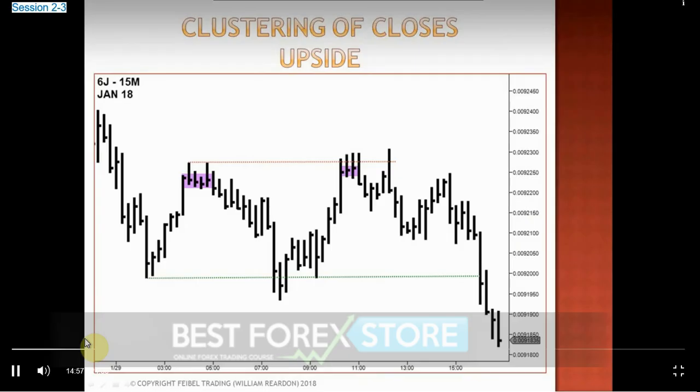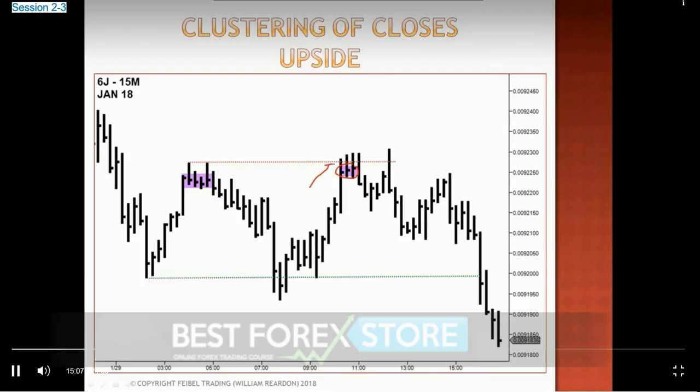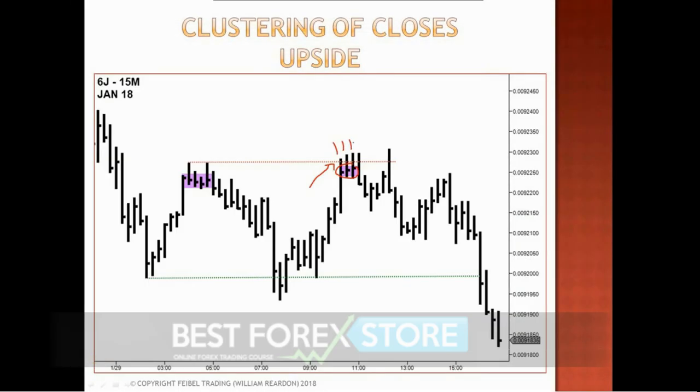Now, it all becomes apparent. We have a clustering of closes at resistance with clear price rejection, where we have had previous clustering in an area of supply.